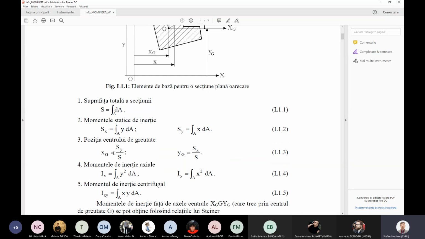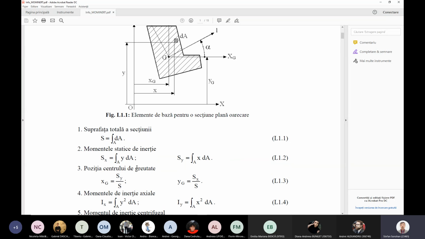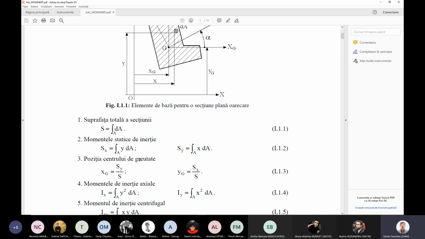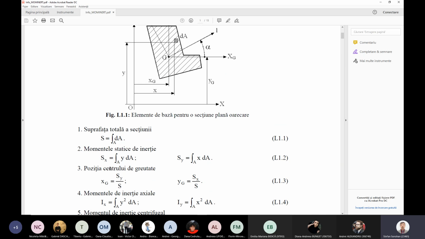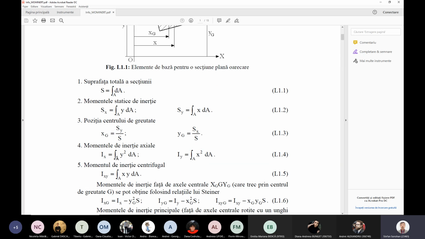The centroid of this cross-section area may be obtained using these general formulas. So we need the first moment of inertia, and the second moment of inertia is obtained according to the initial axis, according to a similar relationship.